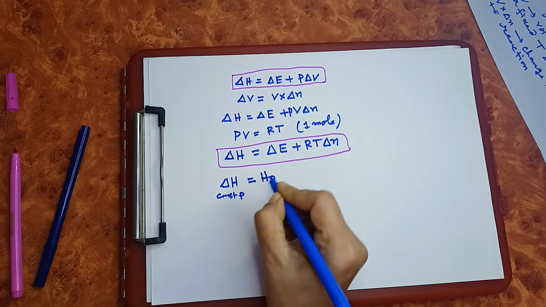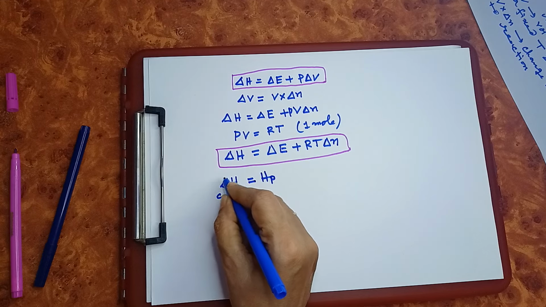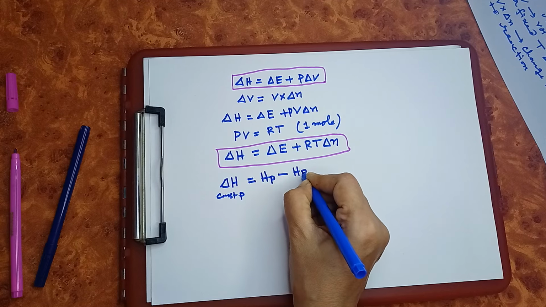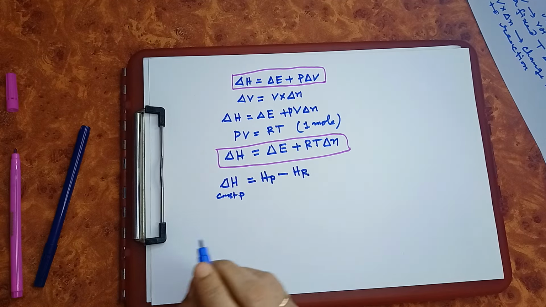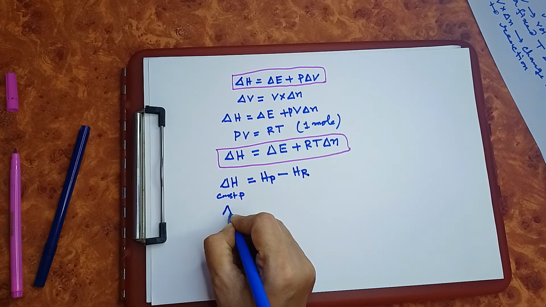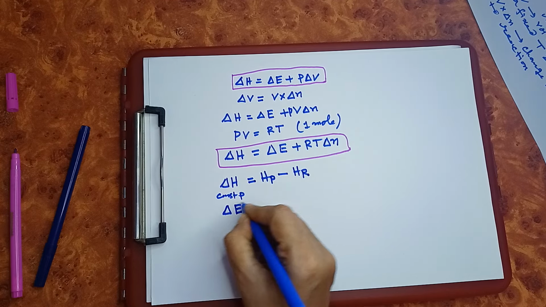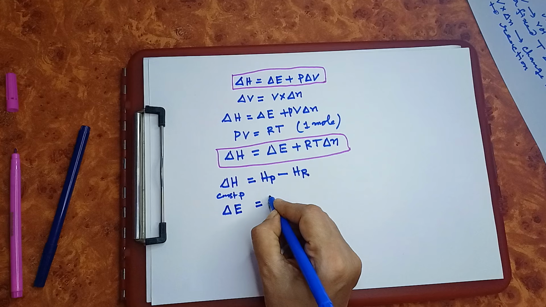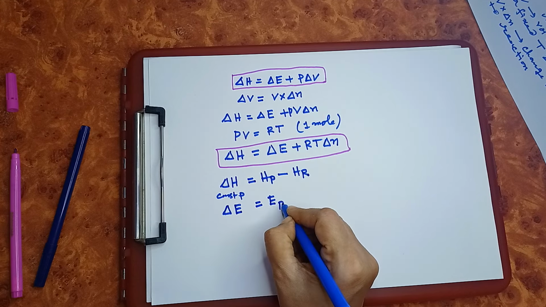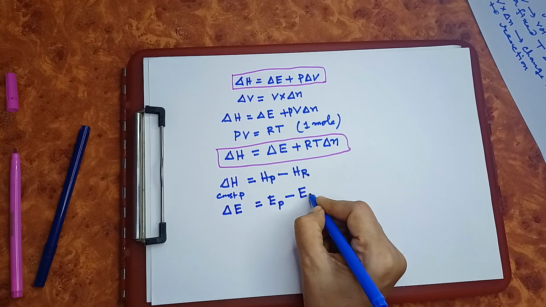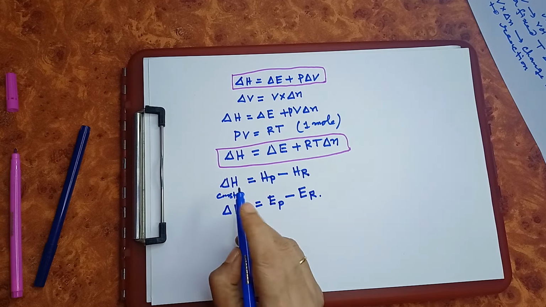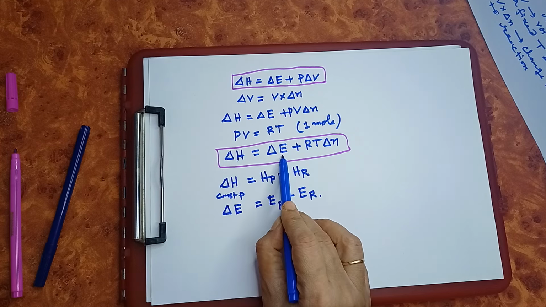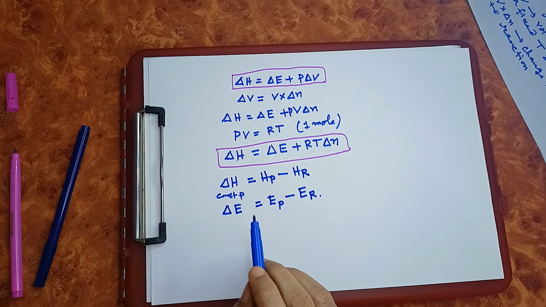Heat of the reaction at constant volume is delta E, the internal energy of the product minus internal energy of the reactant. So this is the relation between the heat of the reaction at constant pressure and constant volume.